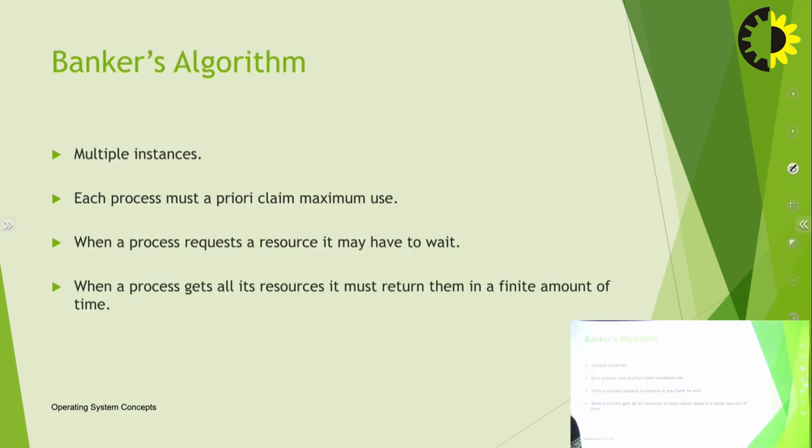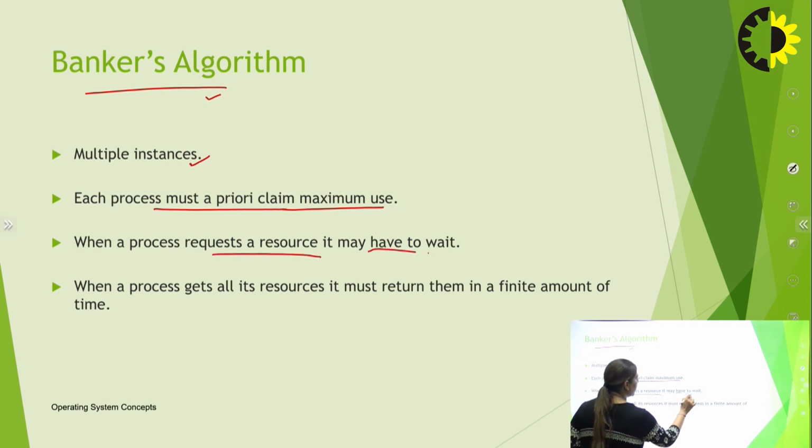Now, Banker's algorithm is the algorithm which we can use to check for deadlock in the future. It is used where we have multiple instances of resources. Each process must priorly claim its maximum use. When a process requests a resource, it may have to wait.